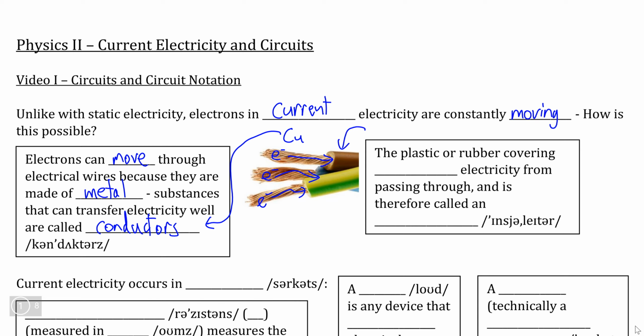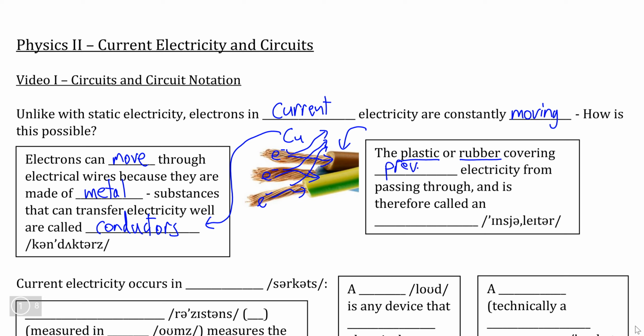Now, most people that know even a little bit about electrical wires understand why the wires have to be covered by plastic or rubber. If you've ever touched a metal wire that has been plugged into something, you're going to get a nasty shock because the electrons that make up the electrical current can escape and go into you. So that's why we need the plastic or rubber covering.